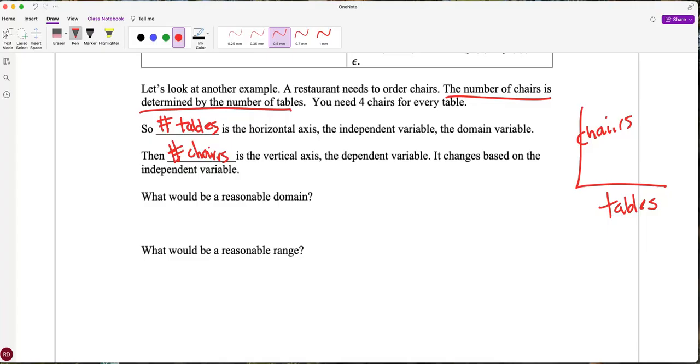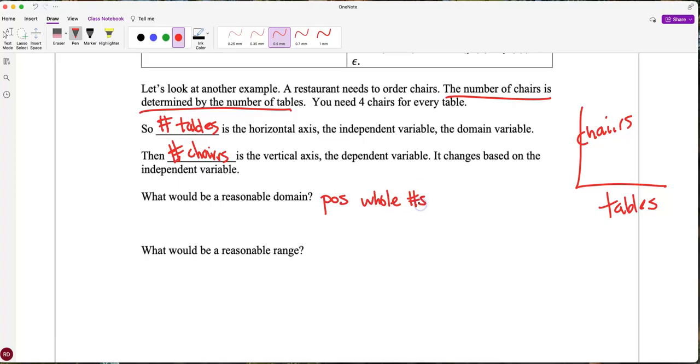Now, let's think about what would be a reasonable domain for this. I'm talking about the domain, the number of tables. What kind of numbers? Whole numbers, okay? These are no longer real numbers. You don't talk about having pi tables, or square root of 2 tables. These are going to be positive whole numbers.